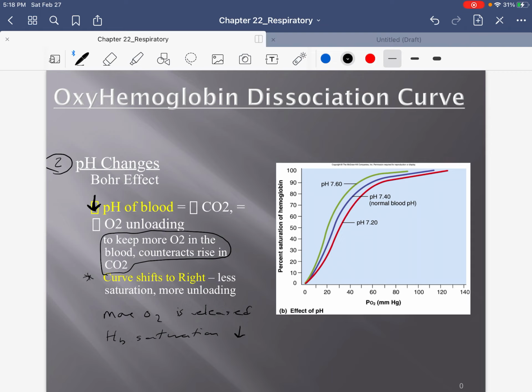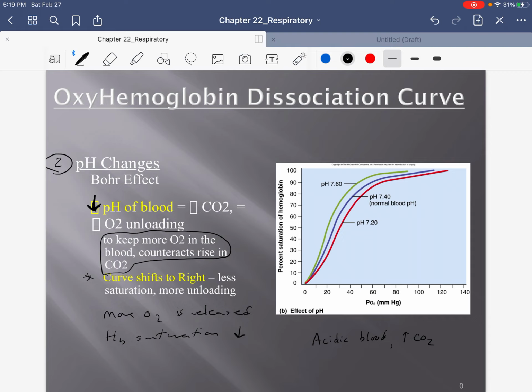We may recall that when our blood is acidic, often that is caused by too much CO2 in the blood. So if that's the problem, couldn't that be helped by releasing more oxygen in the blood? So by releasing more oxygen, it's counteracting the effect of too much CO2.